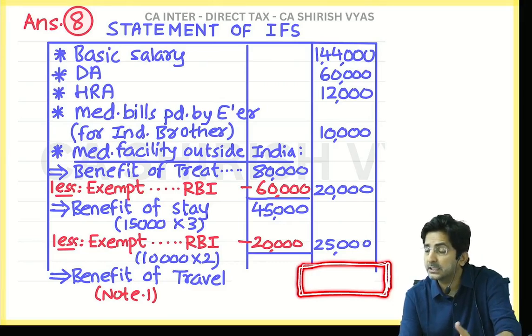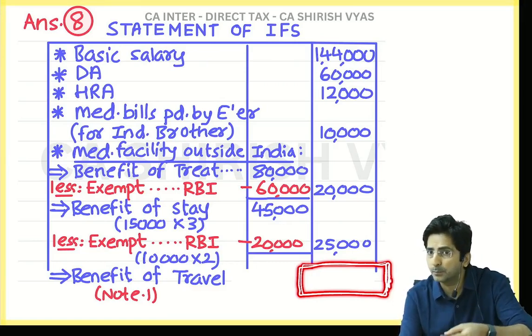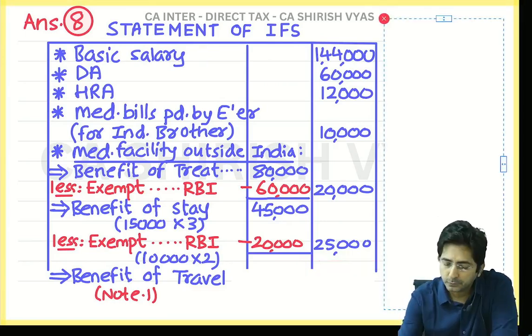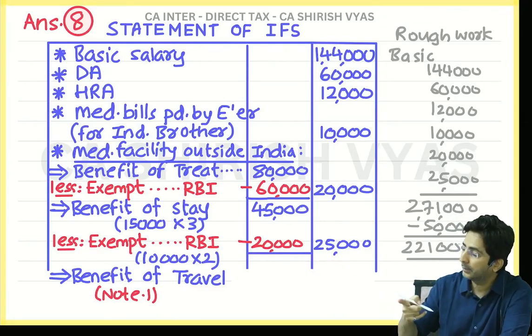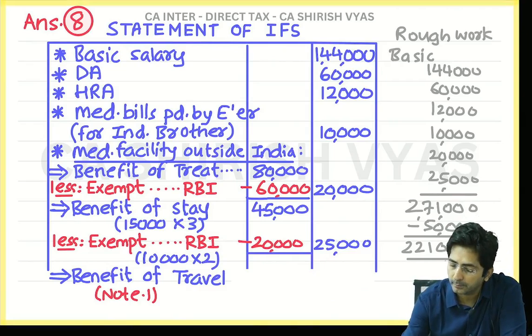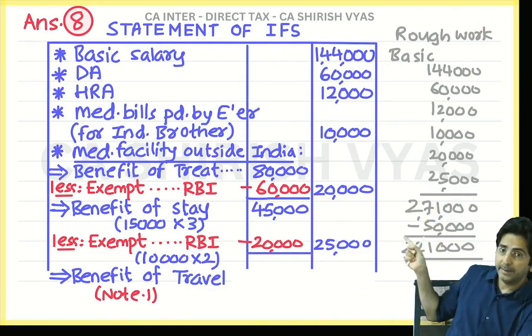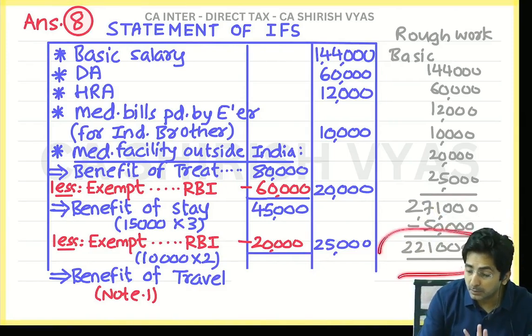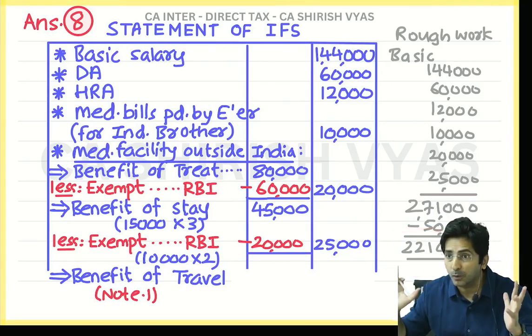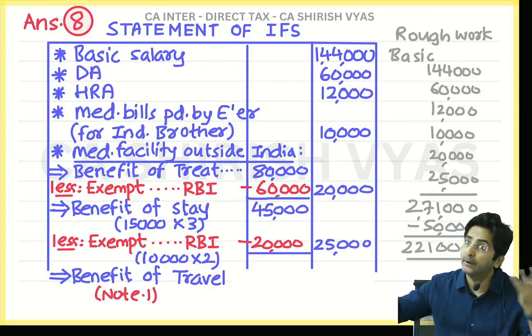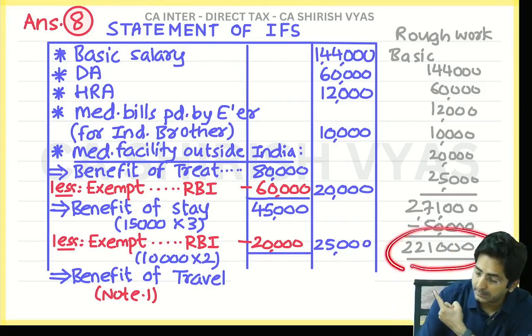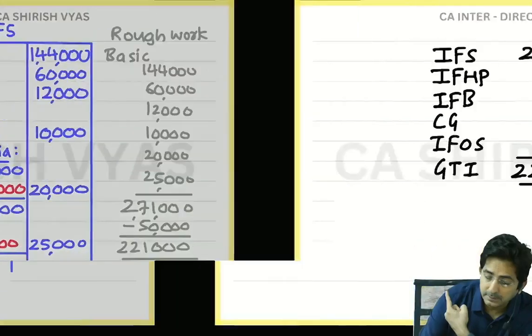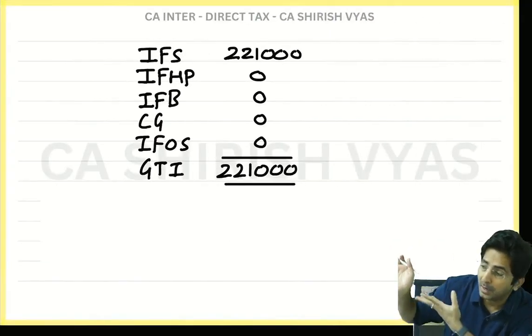Deduction under section 16, standard deduction 50,000, entertainment allowance, profession tax, do everything. So see, I have also done what you have done. Can you see one rough work here? All items are added, and even you have to take the deduction. And even this is not sufficient. Gross total income means what? Total of all 5 heads. Now see, please look at this 2,21,000. This amount will be added to other heads of income.